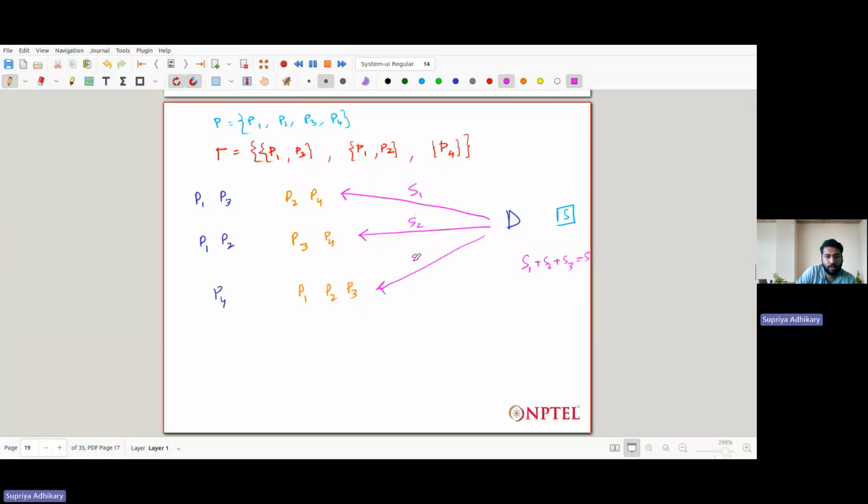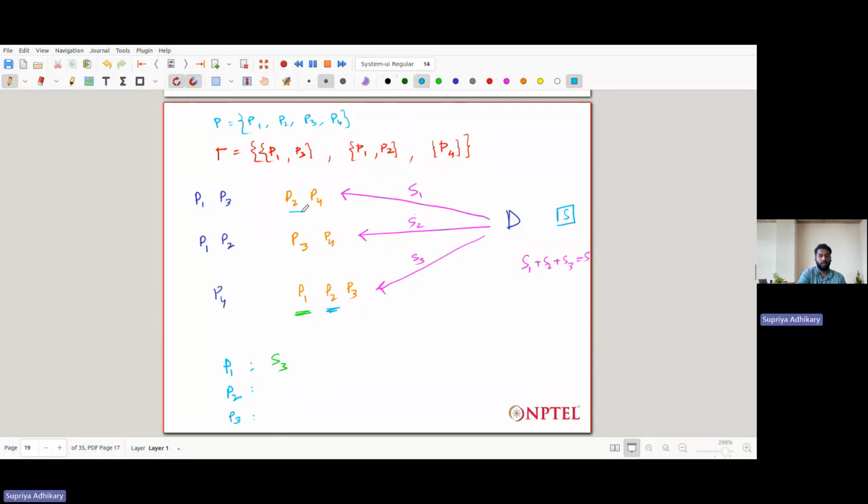So what does P1 get, what does P2 get, and what does P3 get? P1 appears in only the third set, so P1 only gets S3. What about P2?